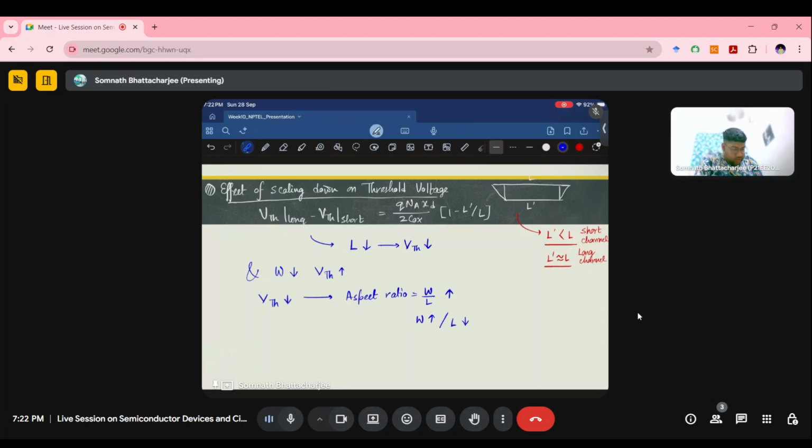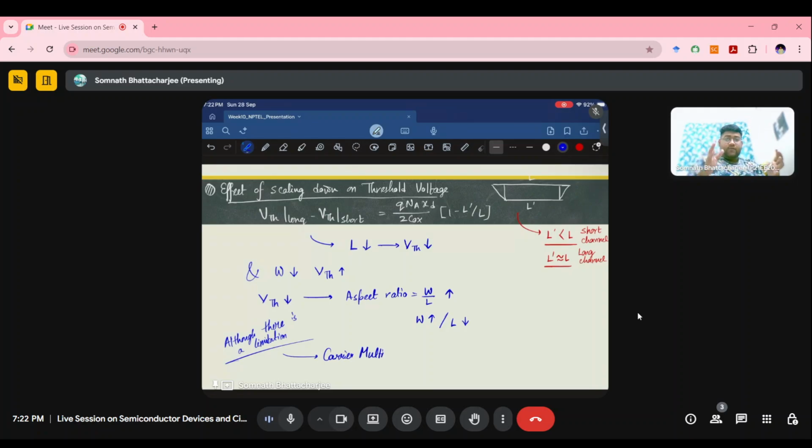And there is another limitation as well. We can't indefinitely reduce the value of W and L. Apart from the physical parameters that let us make a smaller W or smaller L, there is a limitation due to an effect called carrier multiplication.